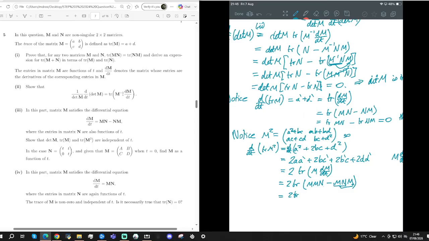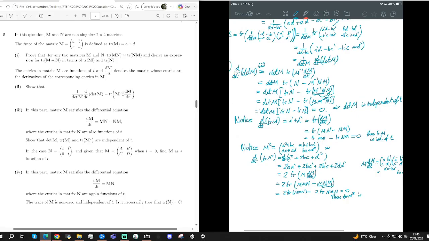So this is 2 lots of the trace of MMN minus 2 lots of the trace of MMN, which does indeed equal 0. Thus, the trace of M squared is independent of t.